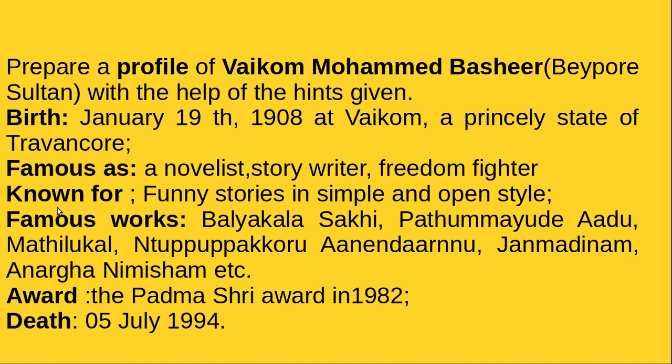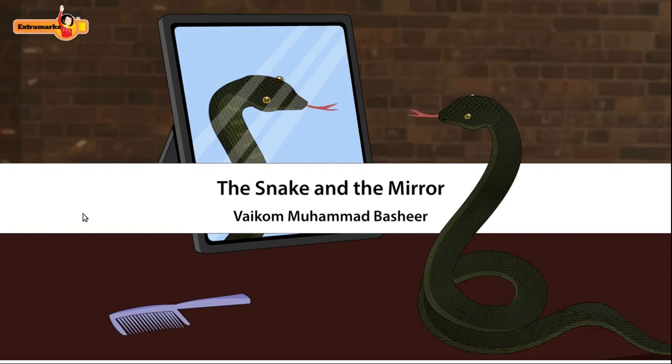In that way, he was known for, his famous works include, or awards, he was awarded, he won, or he was conferred, and at death, he passed away or he died. You know that you have to write it. And now please watch this.